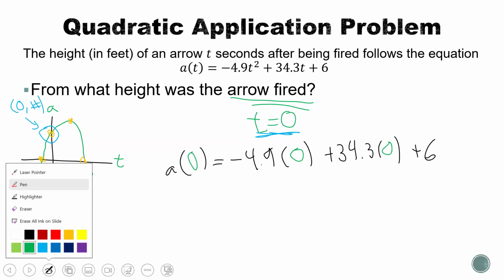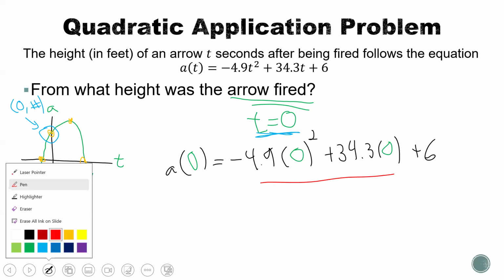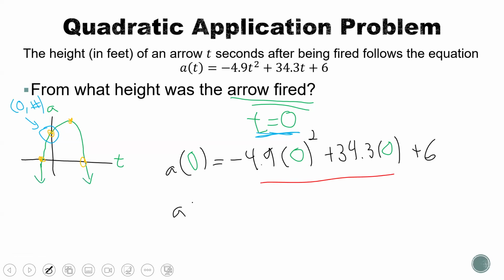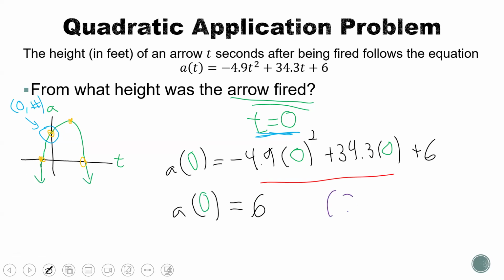Since we have 0 times some values, those will essentially become 0. And so we find that A of 0 equals 6. So our vertical intercept is at the point 0, comma 6.